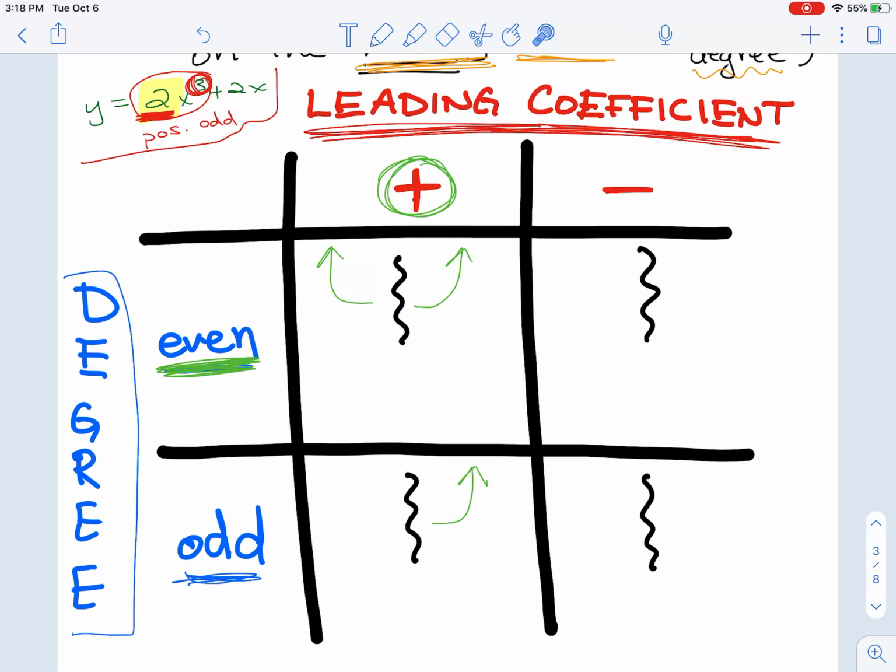So on an even and positive graph, we see it's going up to the left and up to the right. Whereas on the odd positive, we know it goes up to the right because it's positive, but the odd functions are mismatched. They're opposites. So for our odd positive, we go up to the right, but down to the left.